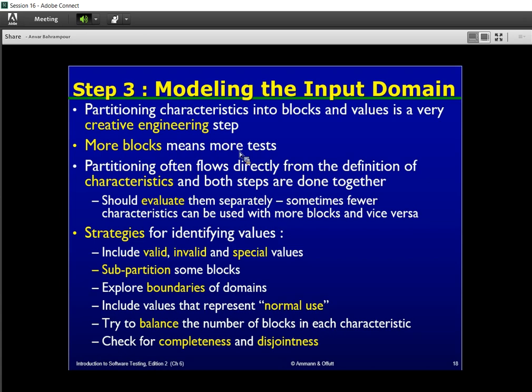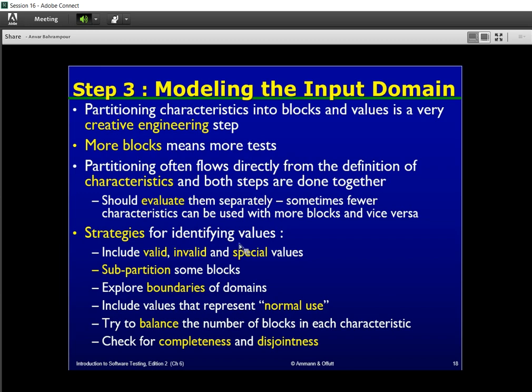So the number of tests that should be generated matters. More tests, as you know, means more cost of testing, and sometimes it's impossible to test programs.